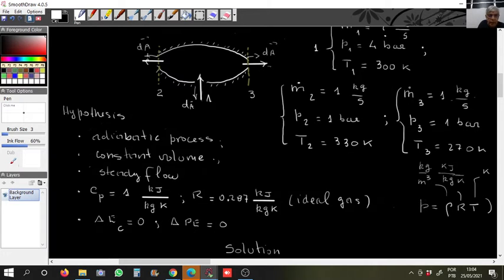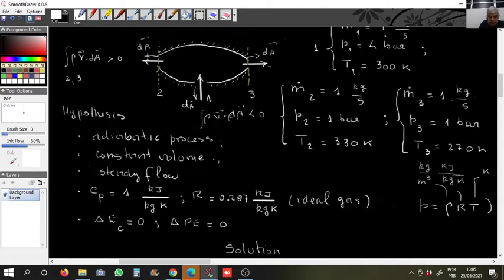So the integral of rho V dot dA is positive at sections 2 and 3, but negative at section 1, because the angle between the vector dA and the vector V is 180 degrees.